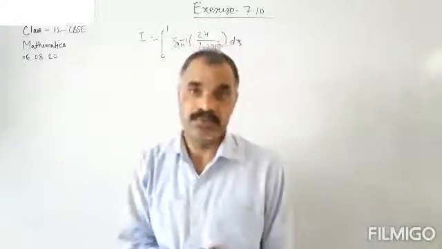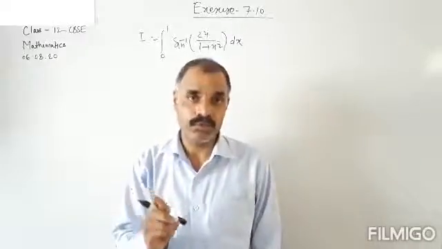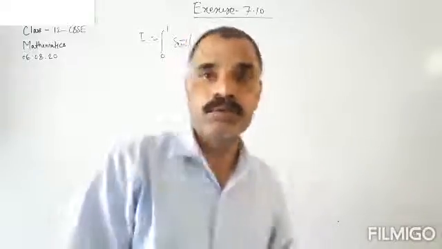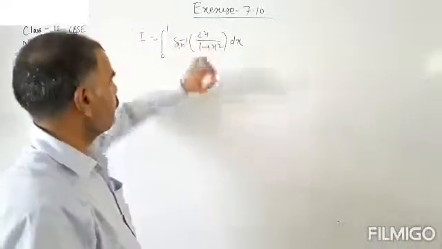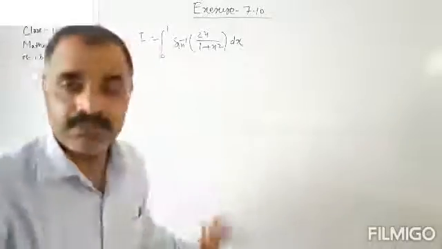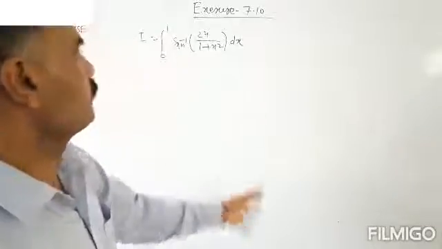This is the question. Now we have to solve it, and before solving it we have to simplify this sin inverse into the simplest inverse trigonometric function. So what should be the substitution?